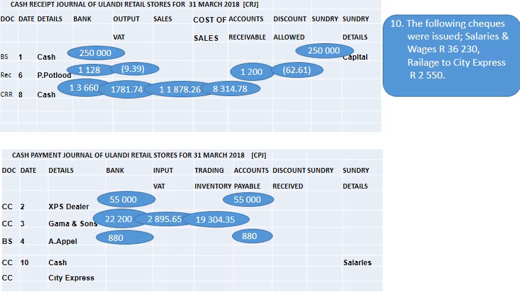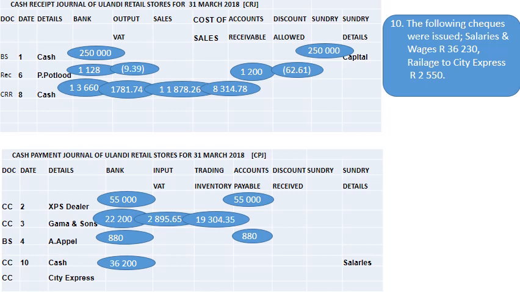Under source document, we will record the check counterfoil dated the 10th. For salaries and wages, the details will be cash. Under the bank, we will reflect the total amount of 36,200 rand, and salaries and wages are not qualifying expenditures.